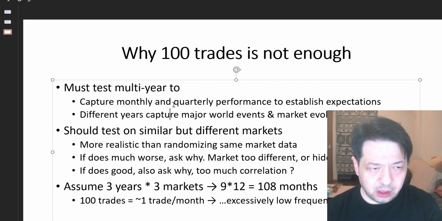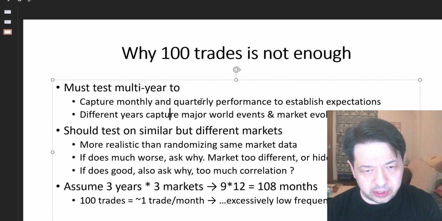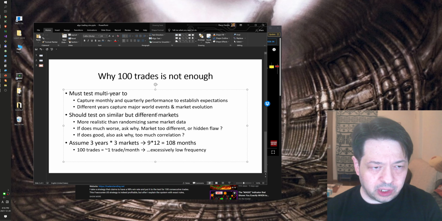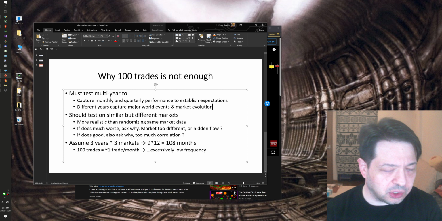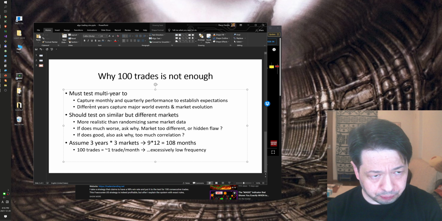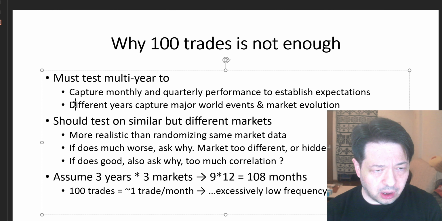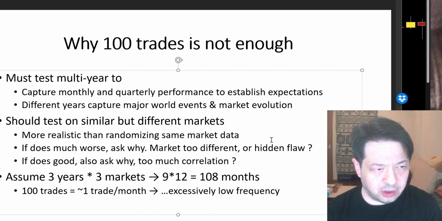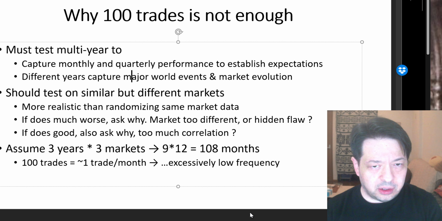You have to at least have 1 year to capture monthly performance and also quarterly performance. That way you can establish an expectation on how many possibly negative months or positive months you have. And of course, you want to do that for multiple years, because different years can have a completely different type of market. It depends on whatever is the issue of that instrument, or whatever is the issue with the world at any given time.